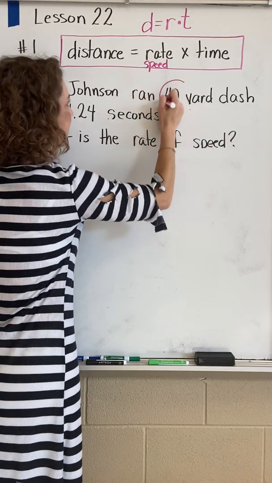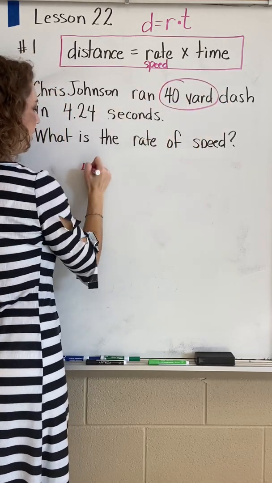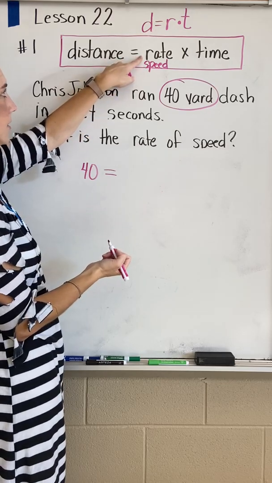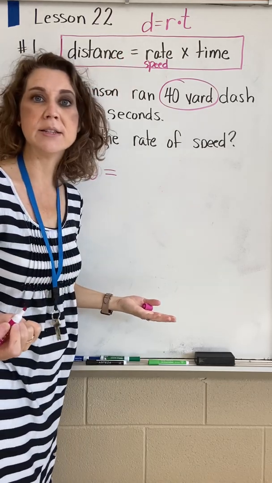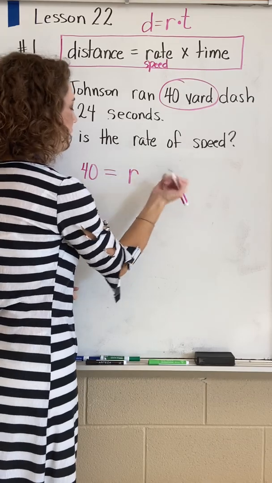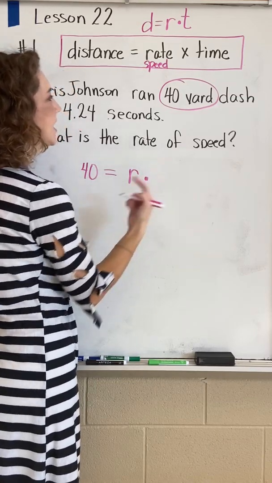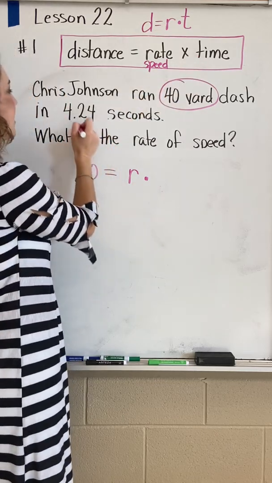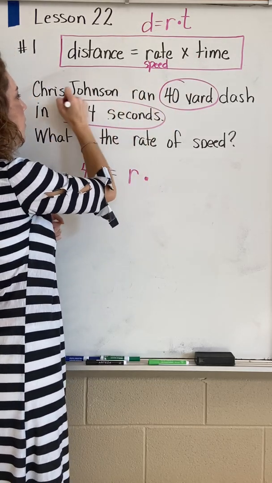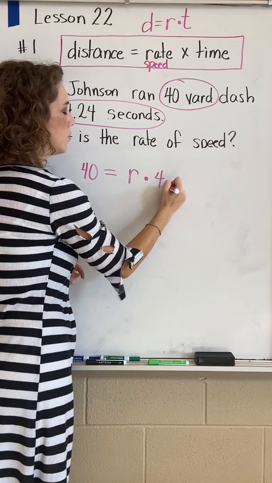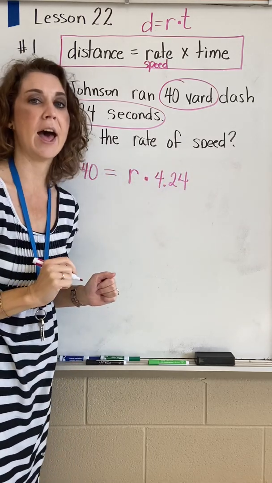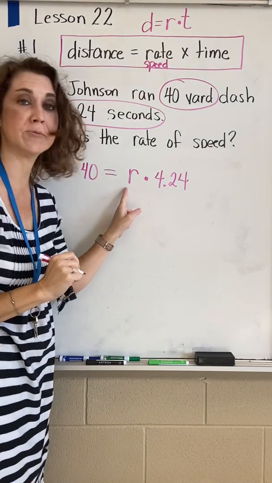This is how far he ran, 40 yards, equals his rate, and we don't know his rate, so I'm going to put an R right there, times his time. His time was 4.24 seconds.